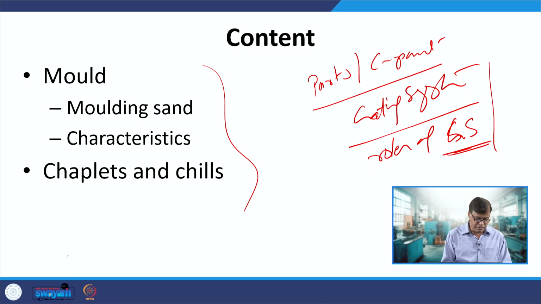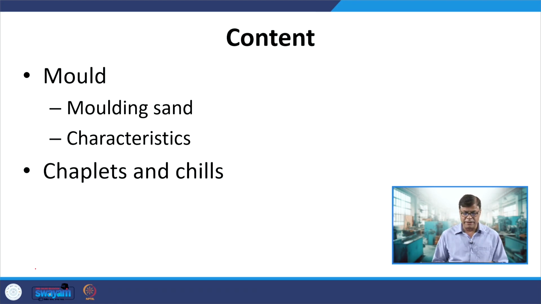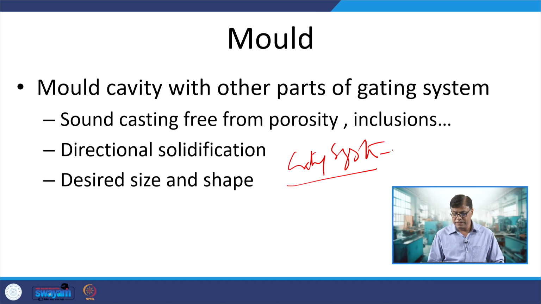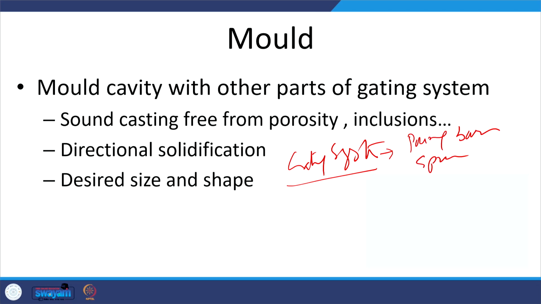The gating system has a pouring basin, then sprue, then runner, then ingate and mold. And after the mold we have the riser. These are the different components.